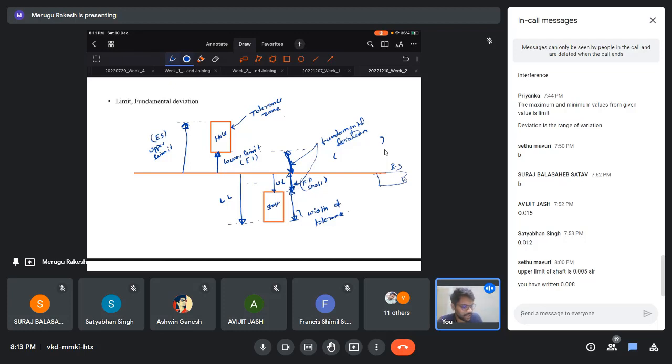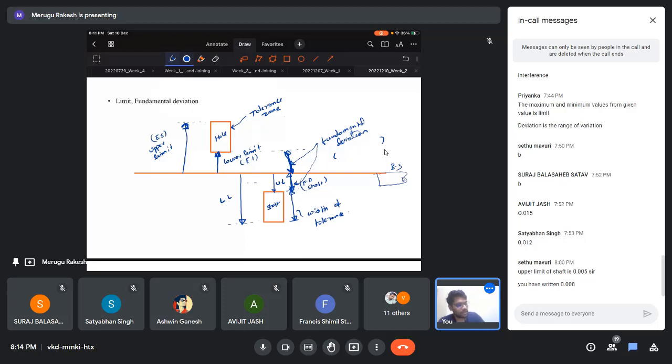Okay, this is the diagram that should come to your mind whenever such questions are asked, like the ones we just saw. Limits and types of fits will be covered in the next session, which is an easy topic, and there is a very nice question I will solve in the next lecture.